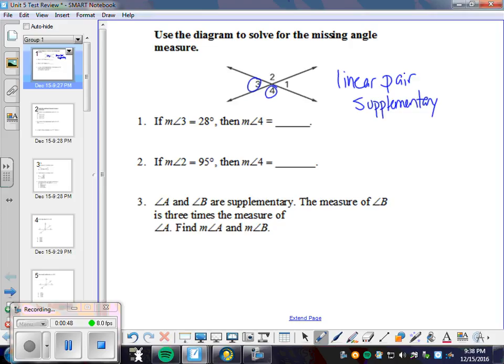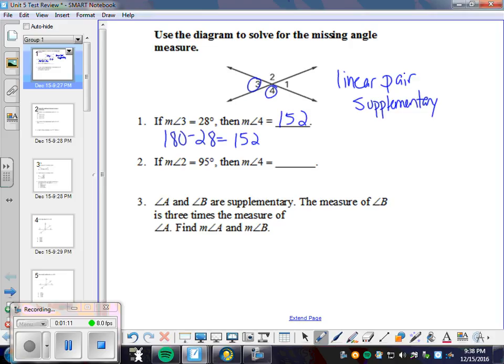So angle 3 is 28, so 180 minus 28 leaves me with 152. So again, the relationship between angle 3 and 4 is linear pair. They're supplementary, so you do 180 minus the 28 and get 152 for your answer.